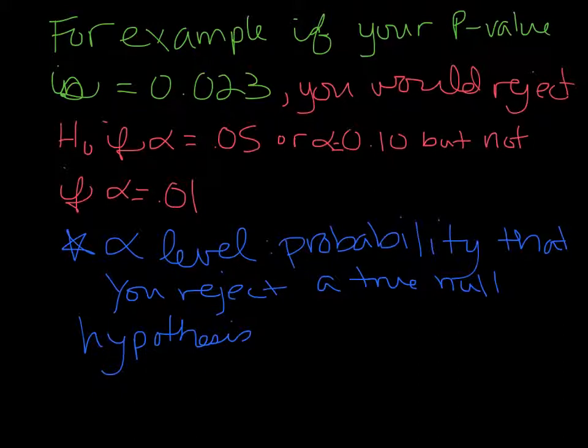So I'll let you think about what the p-value actually means. I think this is an interesting discussion to have in class because I could talk about it for about 30 minutes, and I'm sure you don't want to listen to me talk about it on the video for 30 minutes. But just note that the alpha level is the probability you reject a true null hypothesis.